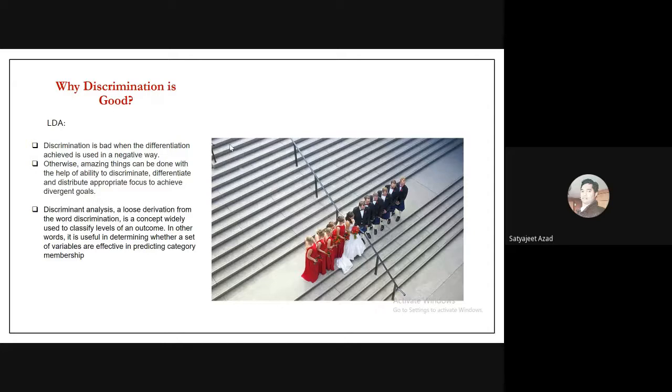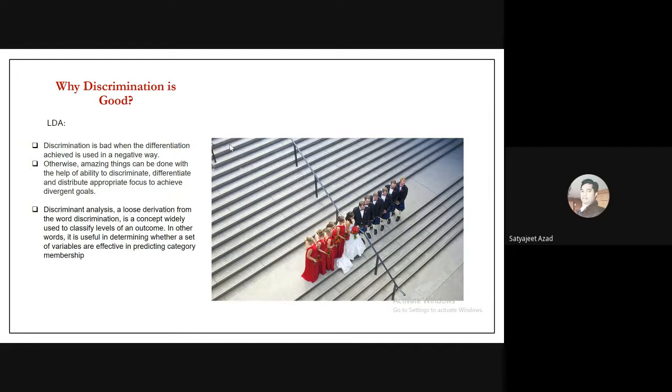Obviously discrimination is bad when differentiation is done in a negative way. Otherwise, some good things can be done with the help of this ability to discriminate. Linear discriminant analysis has the ability to discriminate, and it can easily classify based on historical data. So it has this discriminatory power.